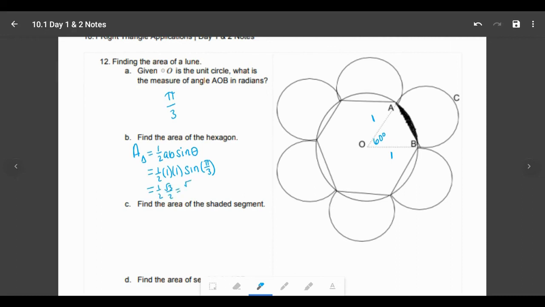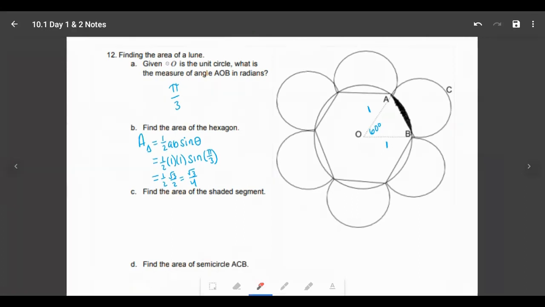So the area of one triangle is the square root of 3 over 4. Since I'm looking for the area of the hexagon now, I know 6 triangles with an area of square root 3 over 4. The area of my hexagon should be square root 3 over 2.